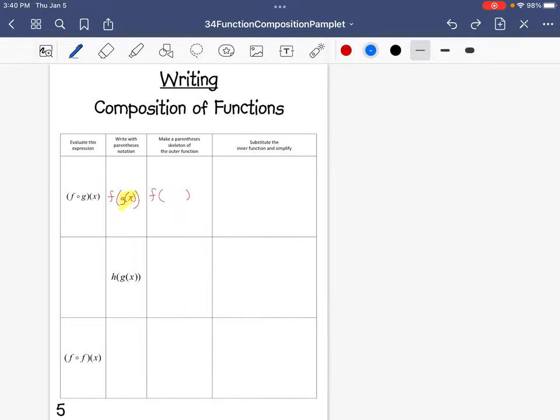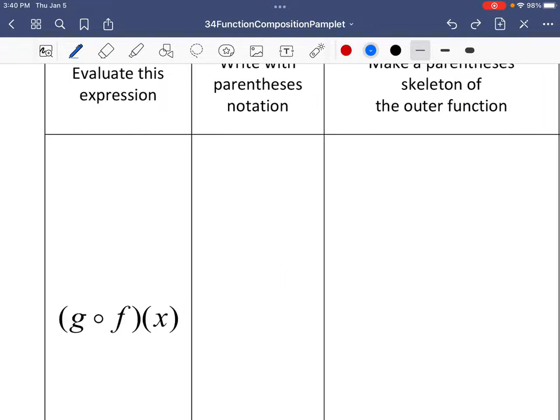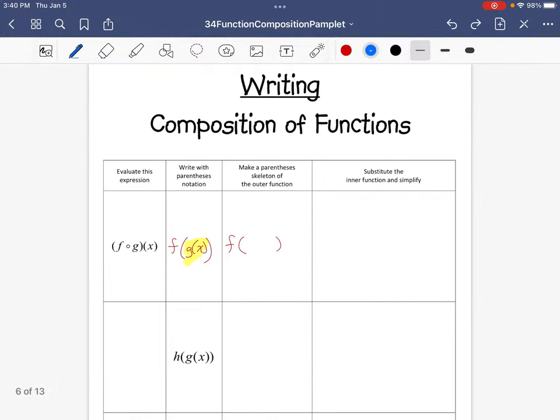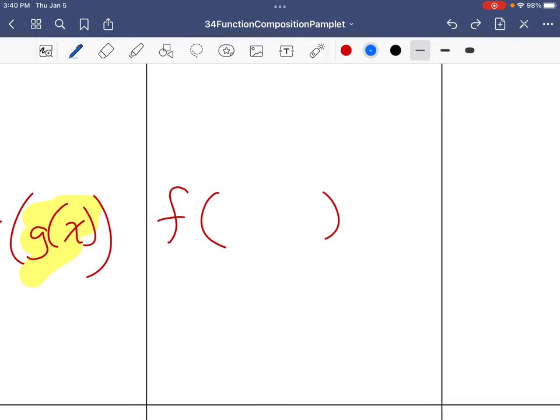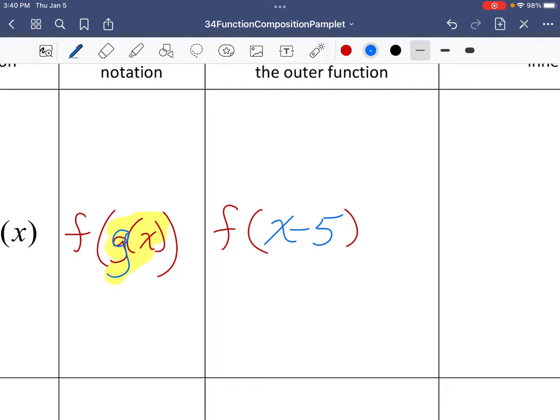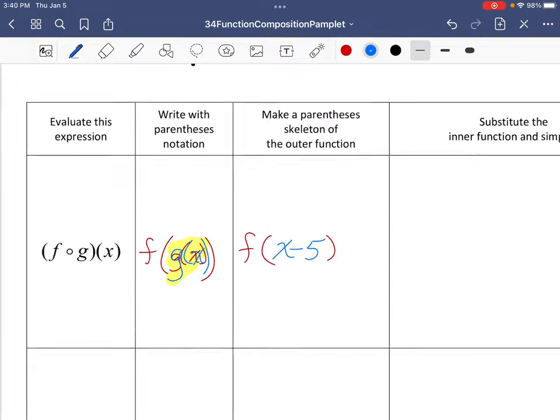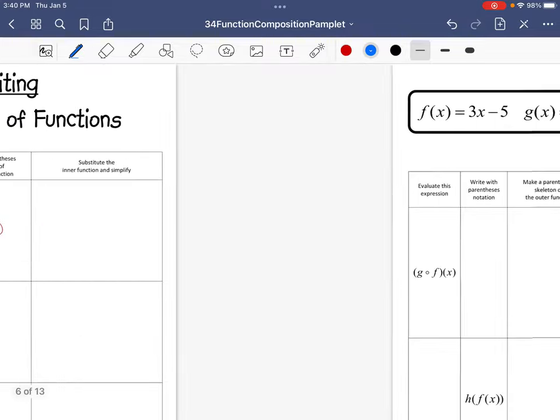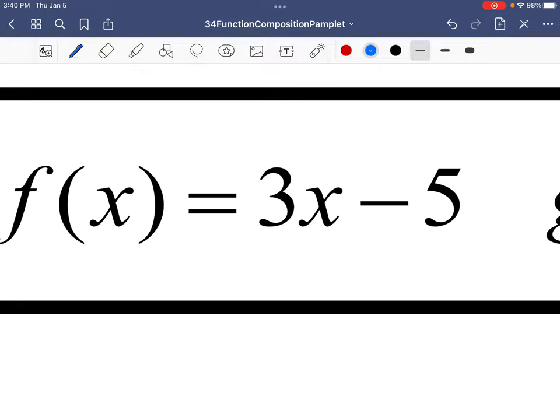So that should mean that I can take x minus 5 and substitute that in the place where we had this g. So now it's like I'm being asked to do f of x minus 5. Well, wait a minute. That should mean that I should be able to substitute x minus 5 into the f function. I'm going to flip over here one more time.